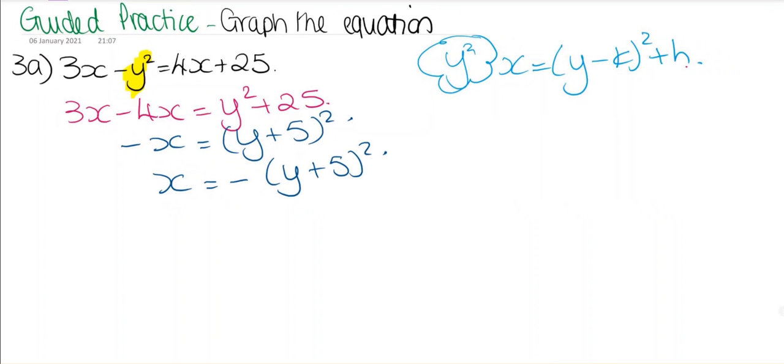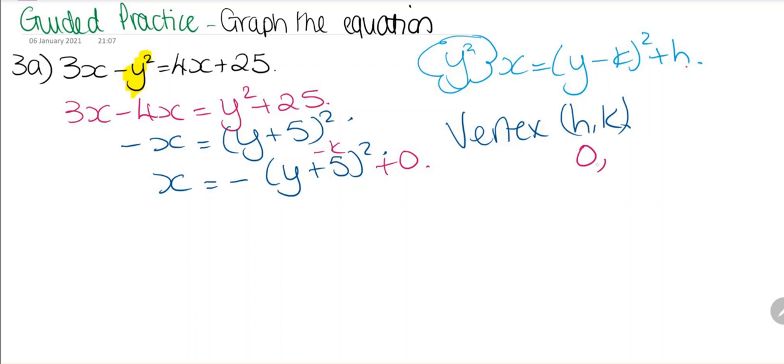Now we can use this to find the vertex. So the vertex is (h, k), and this is going to be our minus k, and we have a plus 0 for h. So we have a vertex at (0, minus 5). So this tells us that from the parent graph, which would have had a vertex of (0, 0), this has actually been moved.